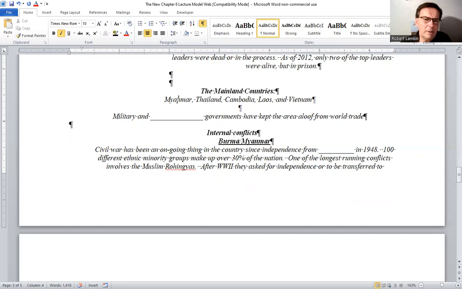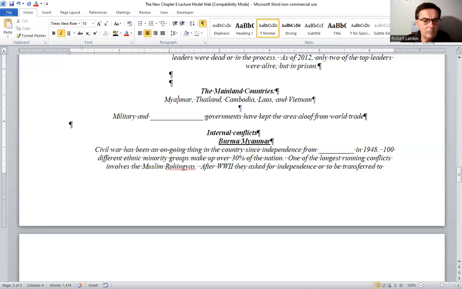Burma, and Burmese, the major people group there, named by the British, is today Myanmar. Civil war has been an ongoing thing in the country since independence from Britain in 1948. You have 100 different ethnic minority groups that make up over 30% of the nation. One of the longest running conflicts involves the Muslim Rohingyas.